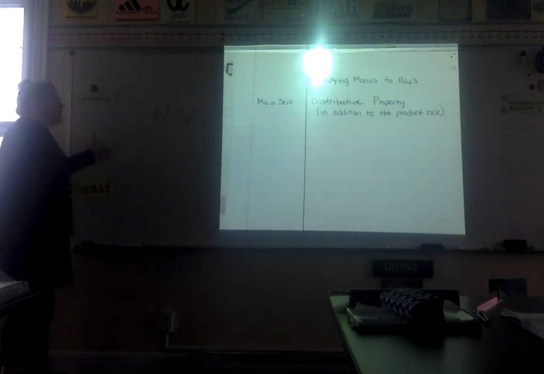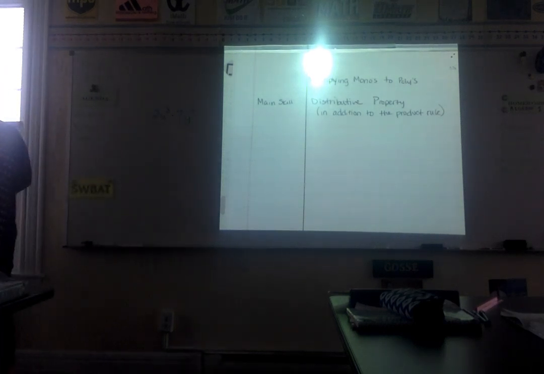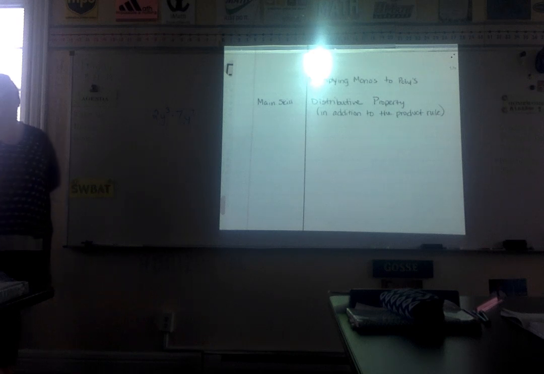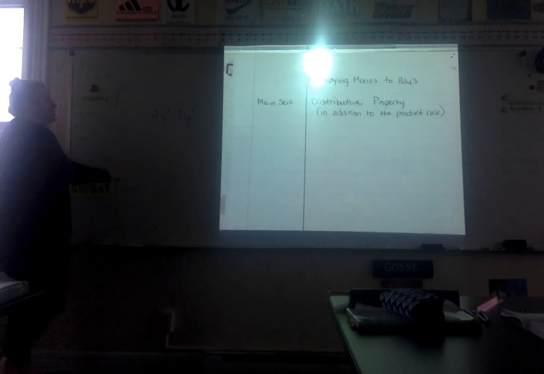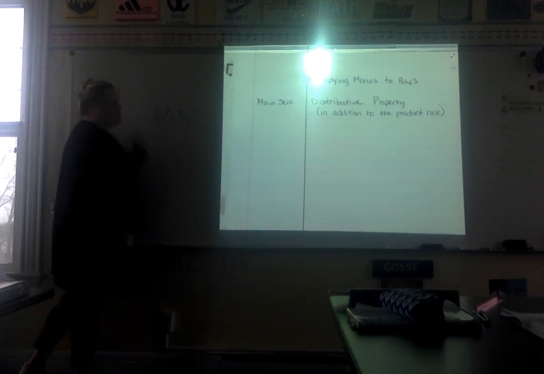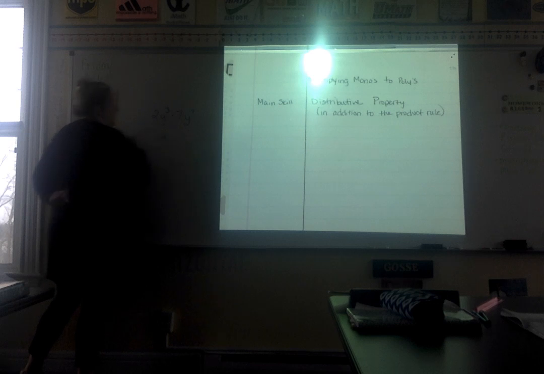So this is an example of the product rule. What happens in this problem? You can start in two different places. Who would like to go first? I probably will only need 2 people. Brendan? Multiply 2 and 7. Right, so those coefficients get multiplied, so 2 times 7 is? 14. So we have 14.